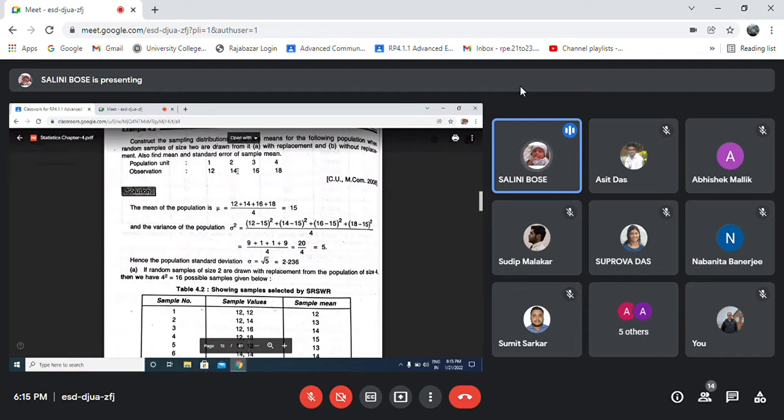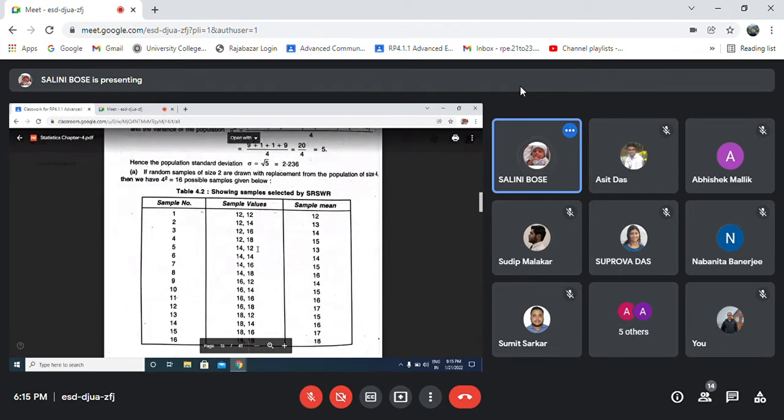Why? Because once I draw 14, I am returning it, so again you can choose 14 for size 2. So 14, comma 12, then 14, comma 14, then 14, 16, then 14, 18.